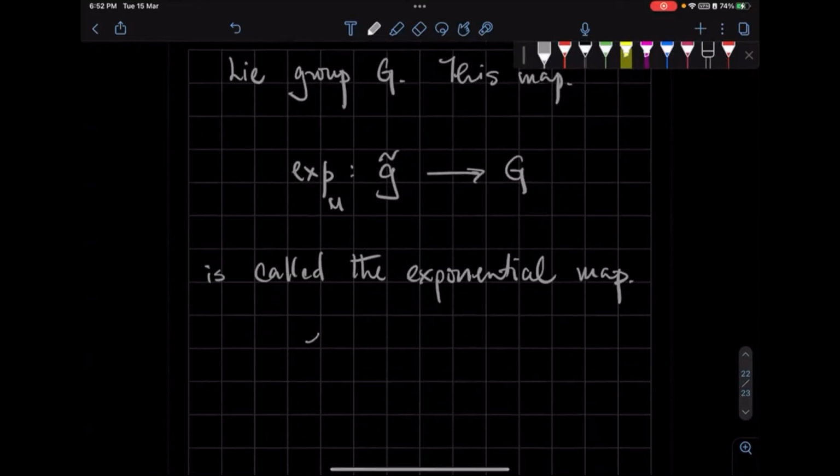Okay, so explicitly, the exponential map takes an element, yeah, sorry, let me just note, it depends on the element, right? So it takes M to some exponential of i alpha M, okay?